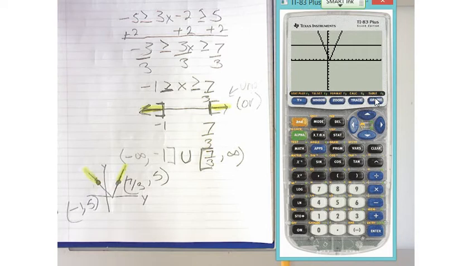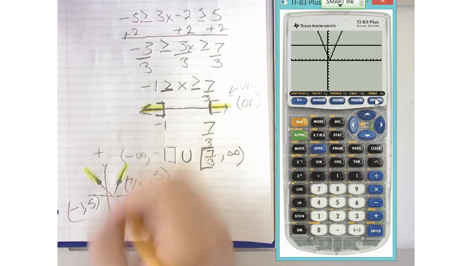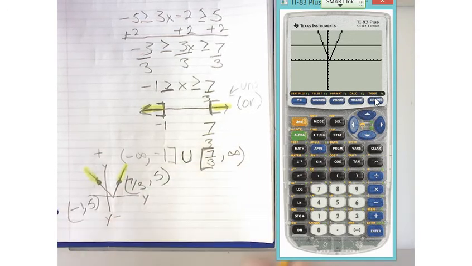So when we talk about the y direction, what does greater than mean? It means above the line. That makes sense, because if we're going greater than, then we're going this way. And then less than means we go down, in the down direction when it comes to the y values. All right, so I just wanted to remind you guys of that when we talk about graphing functions. Any questions on that one?